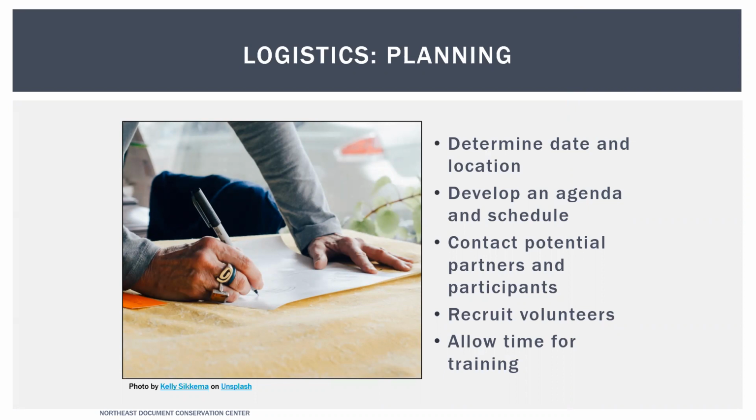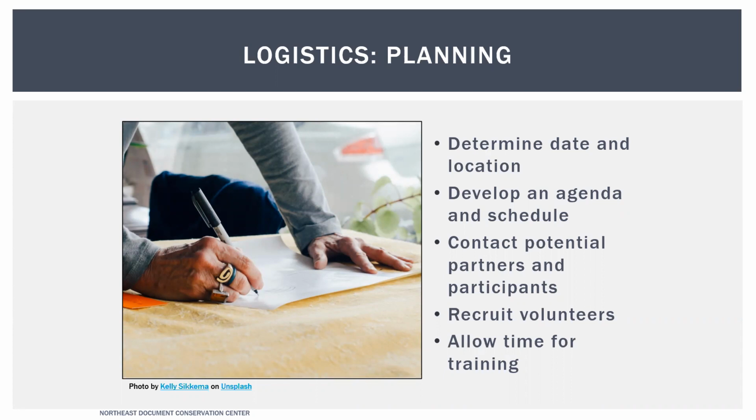So like any program, you're going to need to schedule it out and determine an appropriate location to hold the event. The planning and scheduling phase involves several people and can take quite a while, so try to give yourselves plenty of time for planning. You want to put together an agenda for the event that includes the goals that we just discussed, and then make a schedule that you will refine over time.